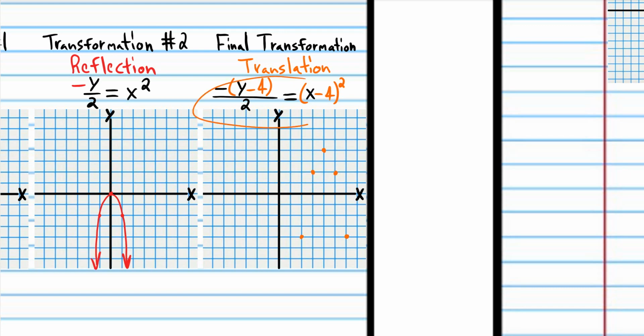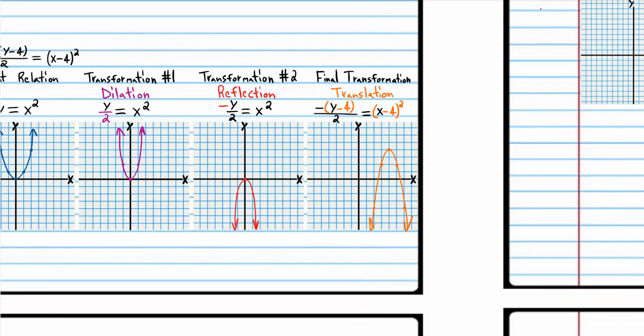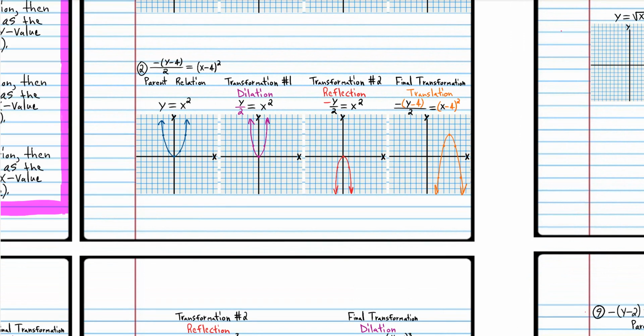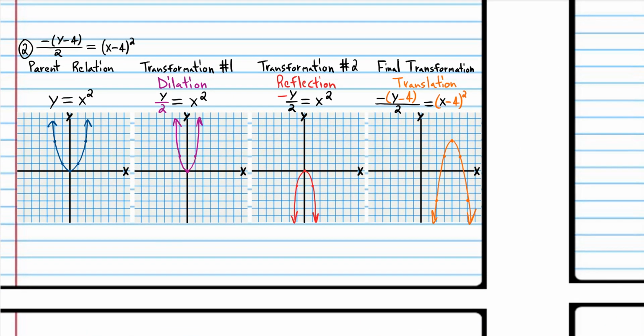If you want, you can just use this equation. You're just going to have to do some more math. Okay, so that is the graph of this complicated equation. And this graph and this graph are exactly the same.